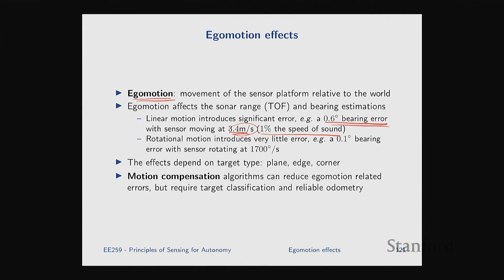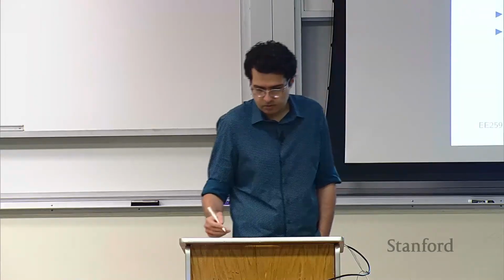So sometimes you can have algorithms that compensate this effect to some extent, but the algorithms tend to become too complex and also not perfect. So oftentimes they're not actually used. But just know that in an algorithm you can compensate to some extent the ego motion.